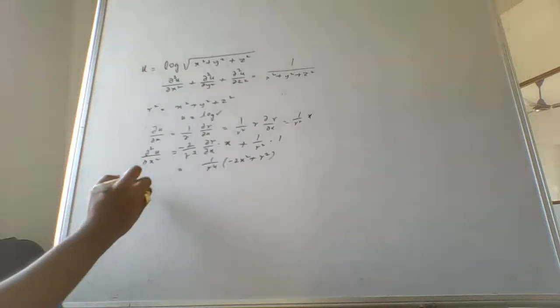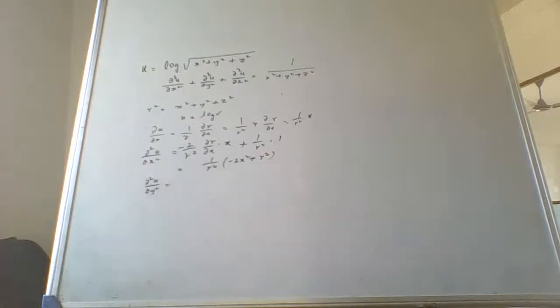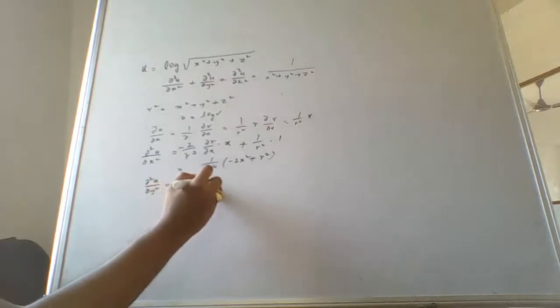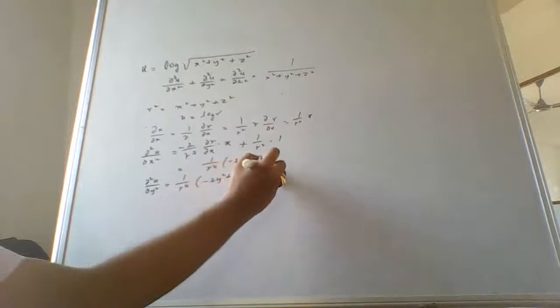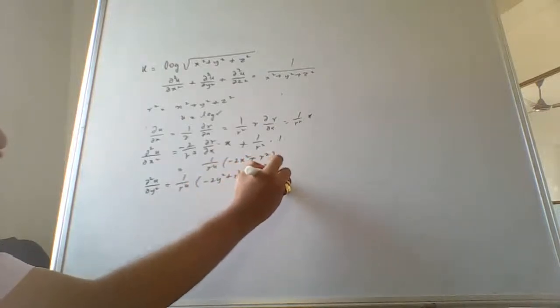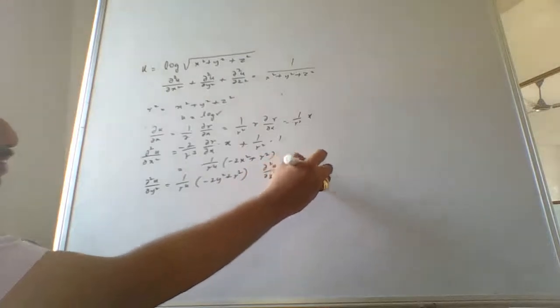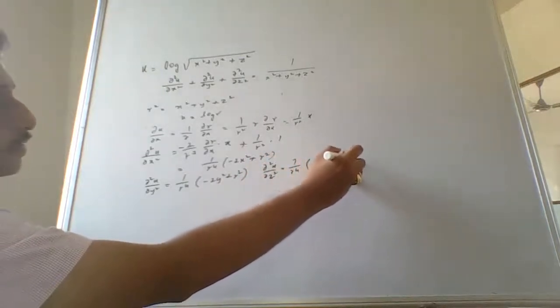Dou square u by dou y square with respect to y, you'll be having 1 by r power 4 into minus 2y square plus r square, and dou square u by dou z square is 1 by r power 4 into minus 2z square plus r square.